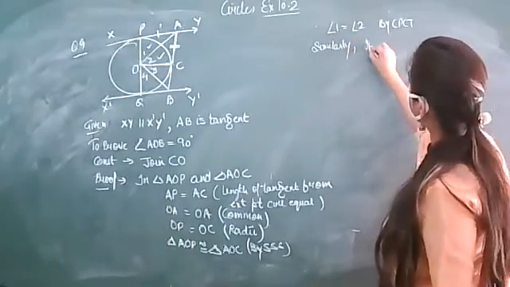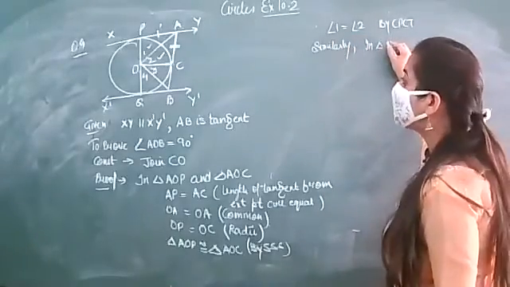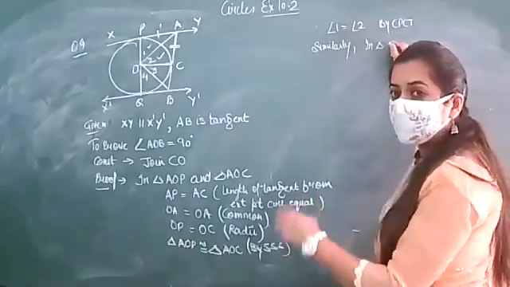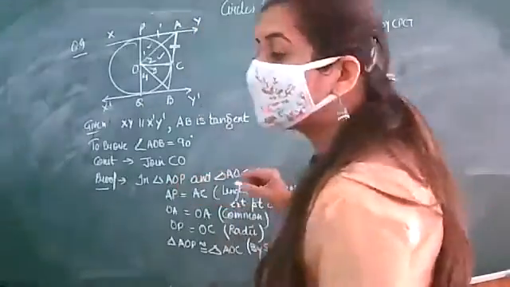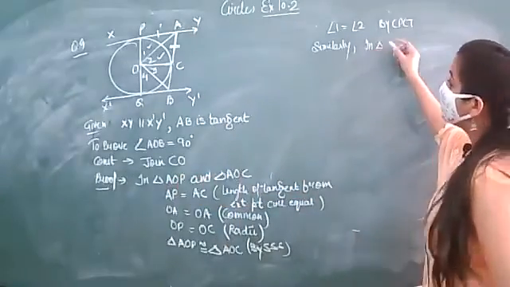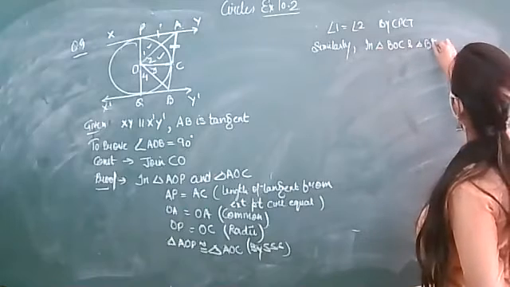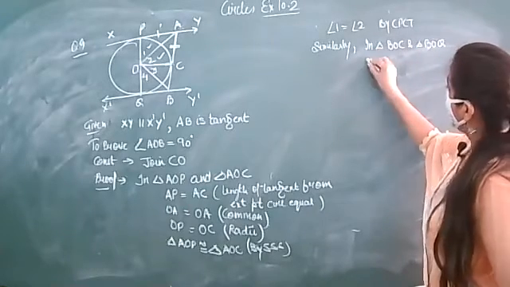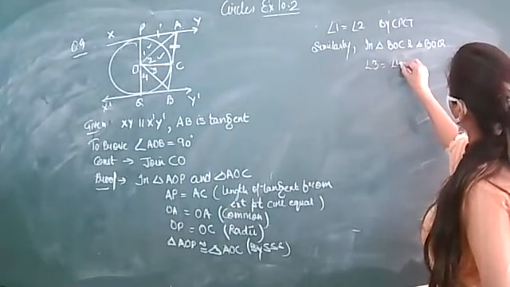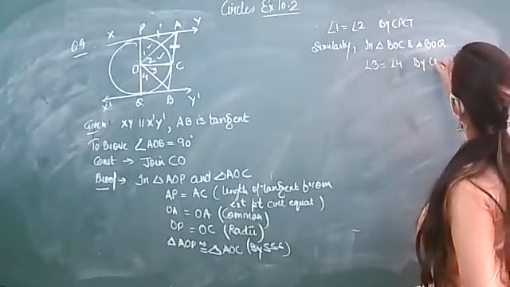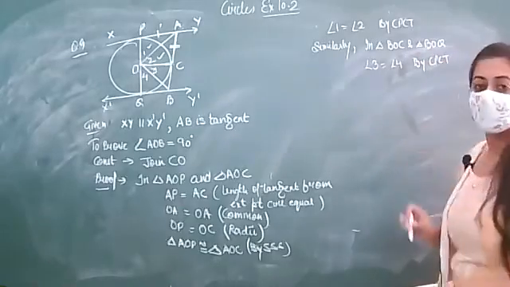Similarly, we can prove the other two remaining triangles congruent, but I'm writing the similar part. In triangle BOC and triangle BOQ, angle 3 is equal to angle 4 by again CPCT. Got it?